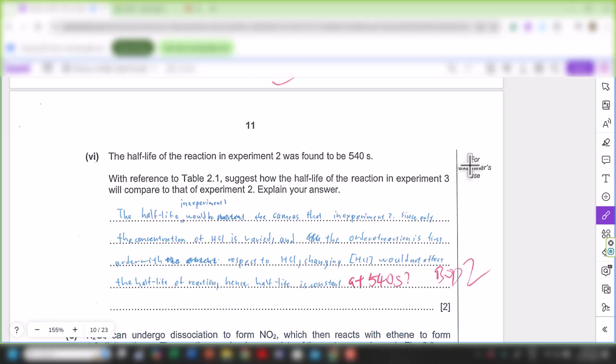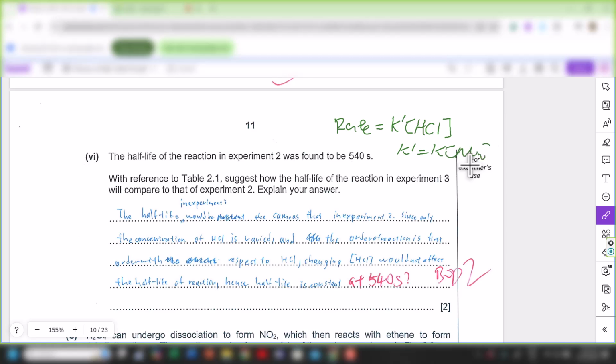So in case you're curious, if you want to write out the full version, the rate law in this case is actually k' [HCl]. Then k' is actually k times [NO2].